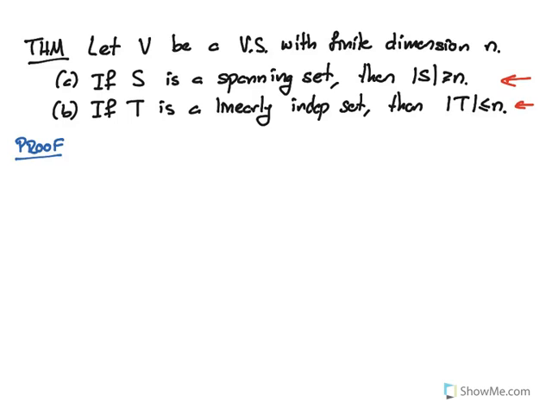So let's prove A. Suppose S is a spanning set, and suppose S has fewer than n elements. We'll get a contradiction from this.